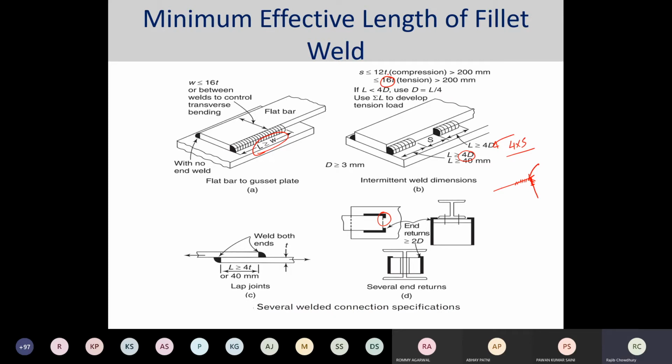But slot welds and plug welds are very rarely utilized, in less than 1% or 2% of cases. So typically we can avoid those. The code also allows exceeding the limit, but in general practical scenarios, we tend to keep it within this limit so that we do not have any violation of the codal provisions.